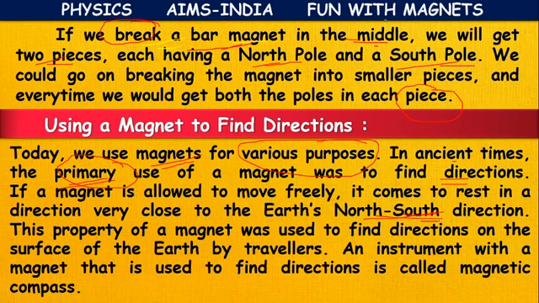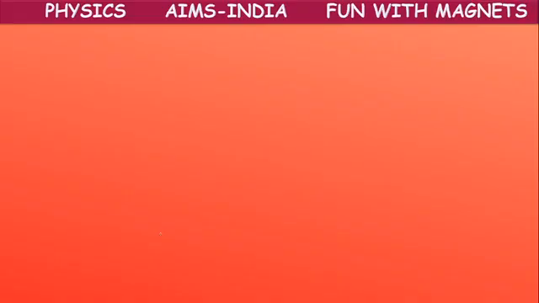Okay. So with the help of this directional property, in olden days they invented an instrument called the magnetic compass.